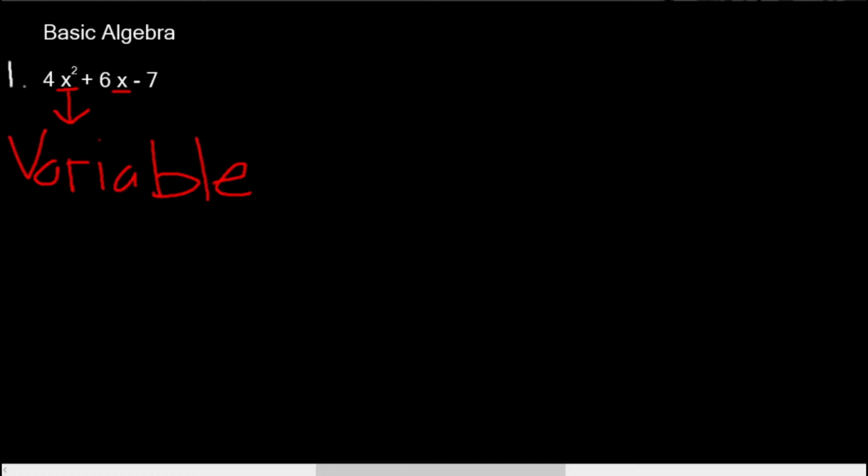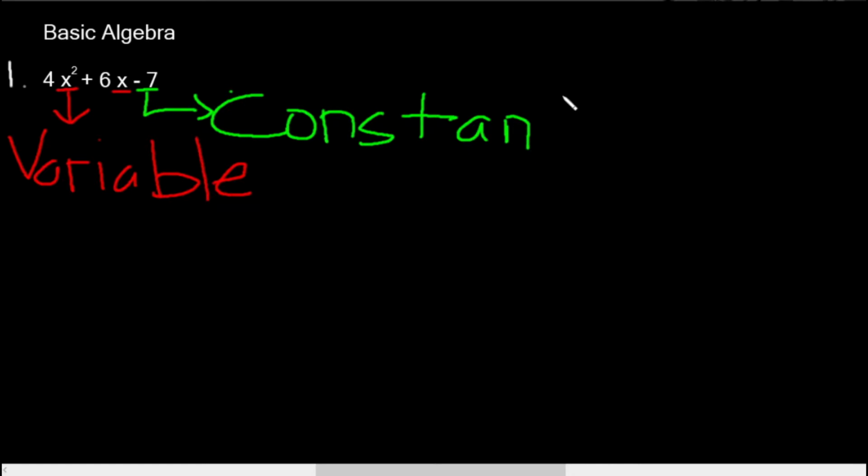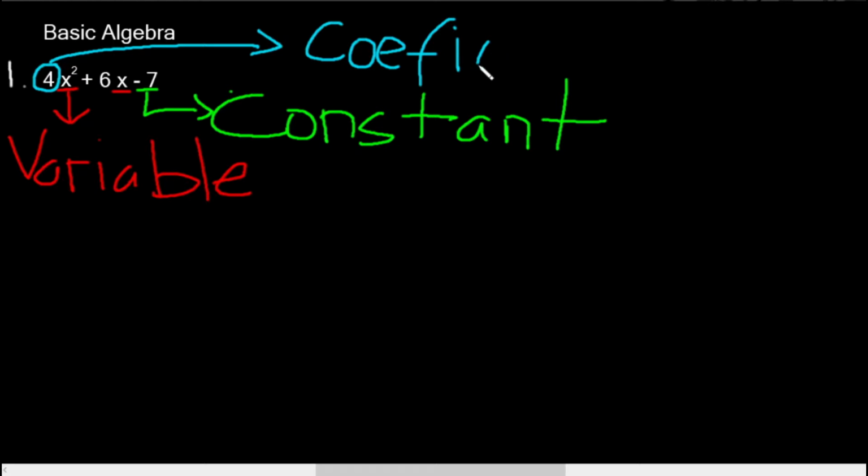And for the number without any variable, without the x, without the y, we call this a constant, because it never changes no matter what the x is. And for the number in front of the variable, we call this a coefficient. I don't know the right way to write coefficient, but I think this is it.